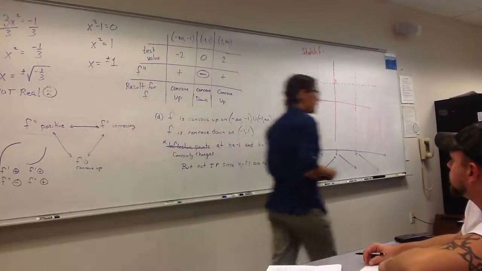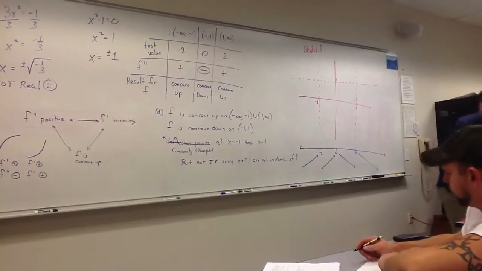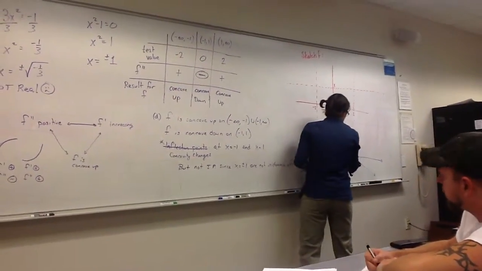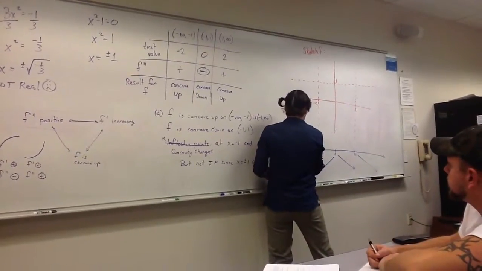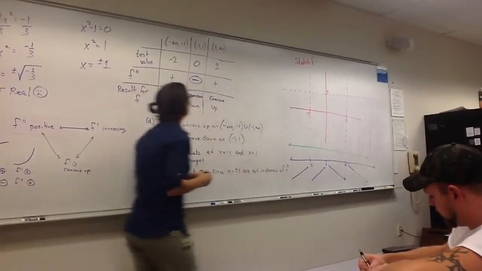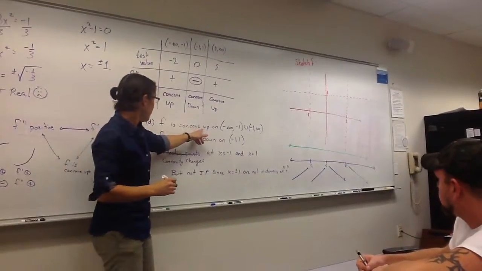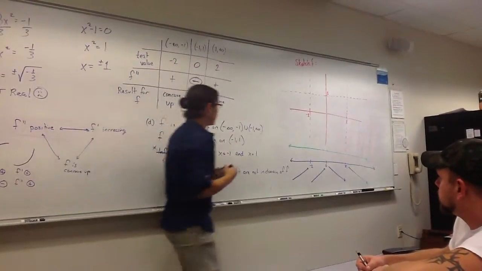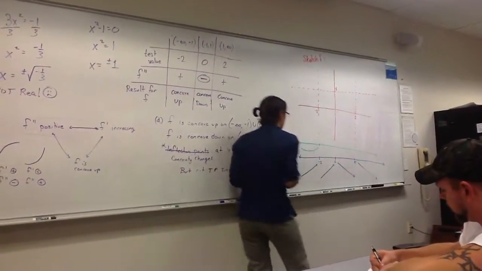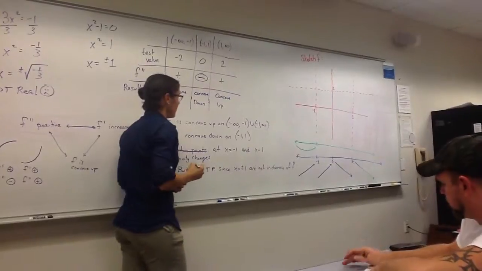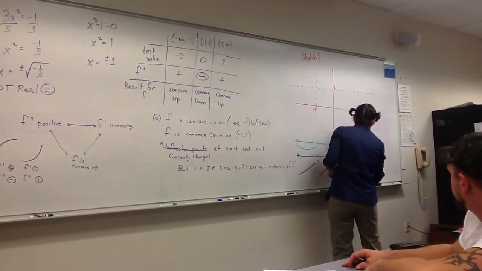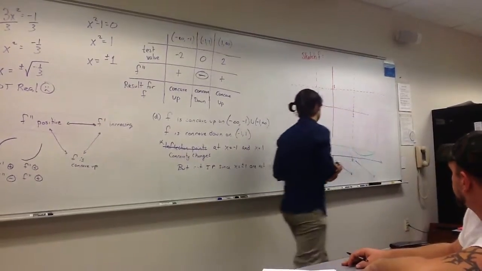We also have information about the second derivative. And our second derivative tells us that f is concave up on the interval from negative infinity up to negative 1, as well as from positive 1 off to infinity.